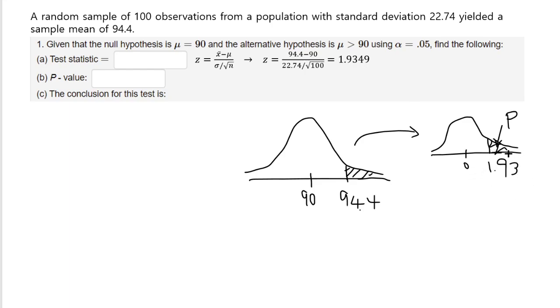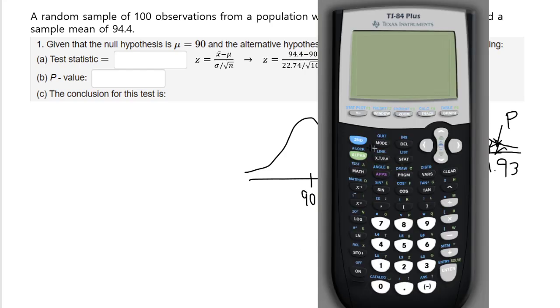Well, one thing you can do is find the area from 1.93 up to infinity, but often it's better to make the lower part negative infinity because your calculator has it in that form.